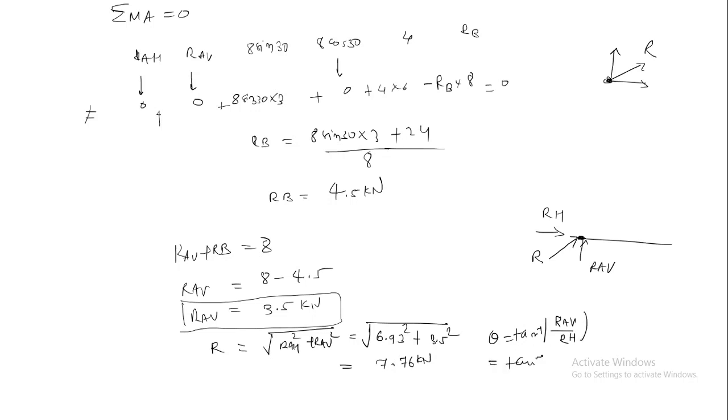So tan inverse of vertical मध्ये 3.5 divided by horizontal मध्ये काय 6.93. सो हा अँगल जर काढला तुम्ही तर ते येईल 26.79 degree with horizontal. So this will be alpha. Alpha is equal to 26.79 degree. So this will be the resultant reaction at A.